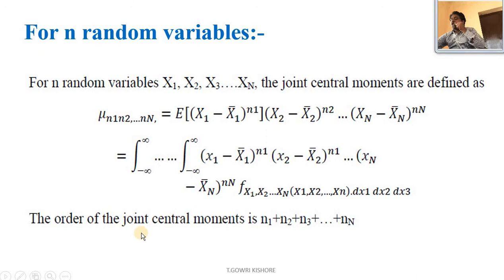So here the order of the joint central moment is n1 plus n2 plus n3 and so on plus nn.